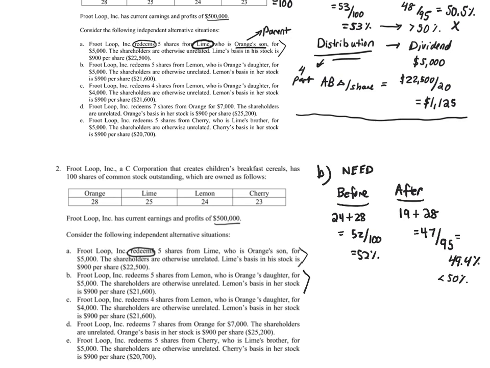So if we go from 52% to less than 50%, the tax law, so this is where you've got to pay attention. For this test, the tax law says not essentially equivalent to a dividend if it's less than 50%. So this is going to be treated as a sale or exchange.